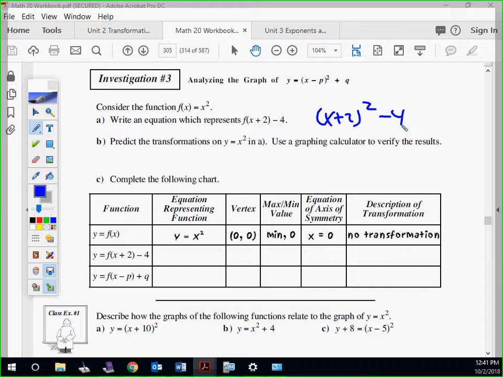Left 2, down 4. Why left 2? Because a -2 is what makes that 0. We want the opposite. We keep this one normal, down 4. So we know it's left 2, down 4.